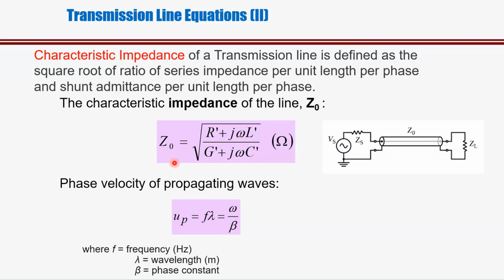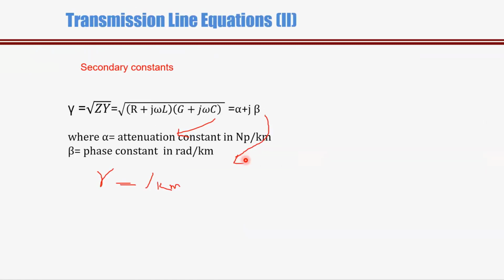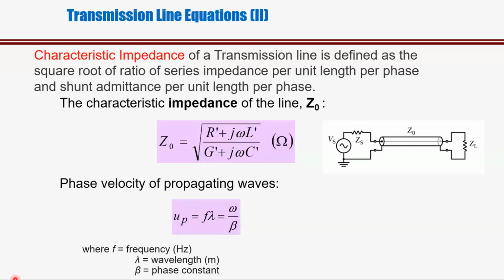Z naught is given by the square root of Z divided by Y. In smaller terms, I can write Z naught is also equal to the square root of Z upon Y, and that is given by, Z we already know, R plus j omega L, and Y is nothing but G plus j omega C. And impedance is always measured in ohms, so it has the unit ohm.